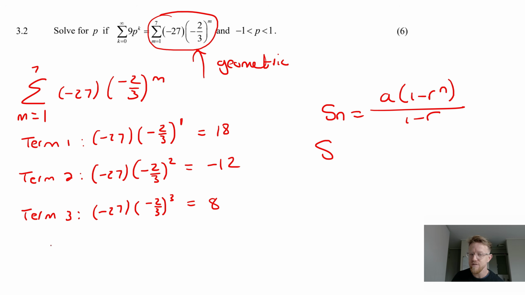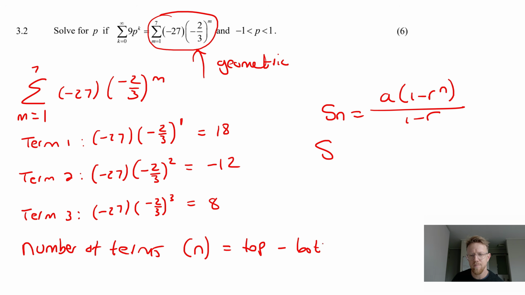So what does Kevin always say? The number of terms, which is your n in the formula, is always equal to the top number minus the bottom number plus 1.